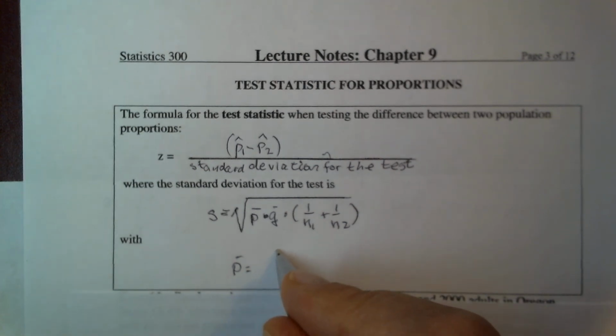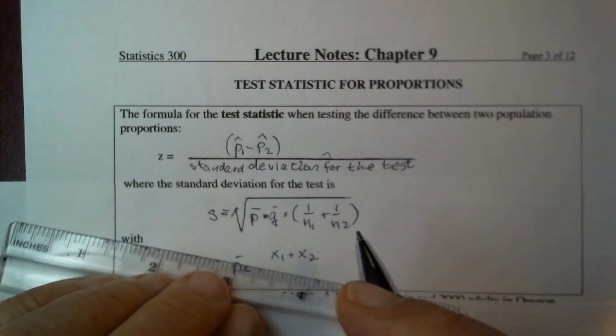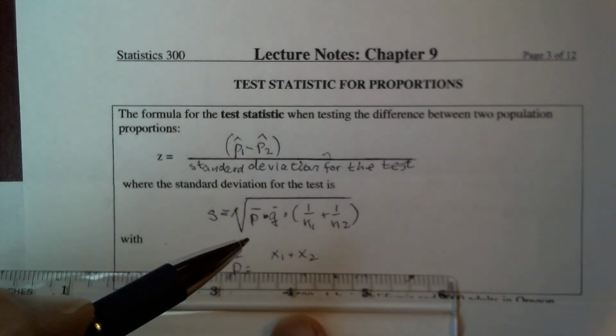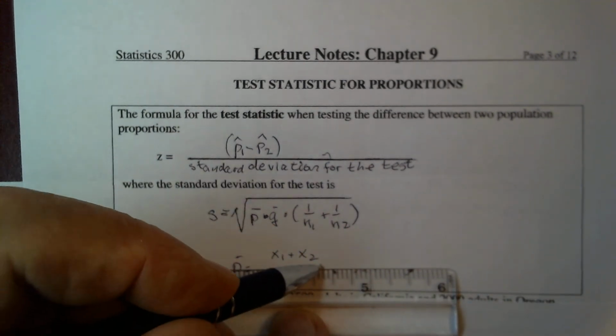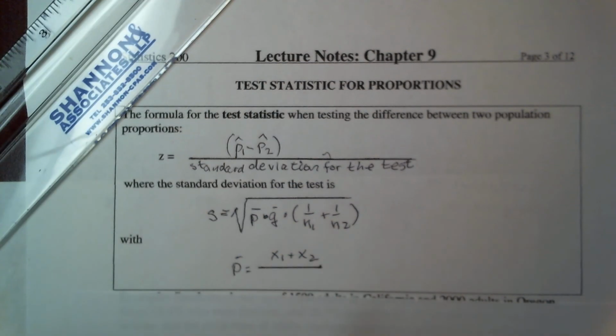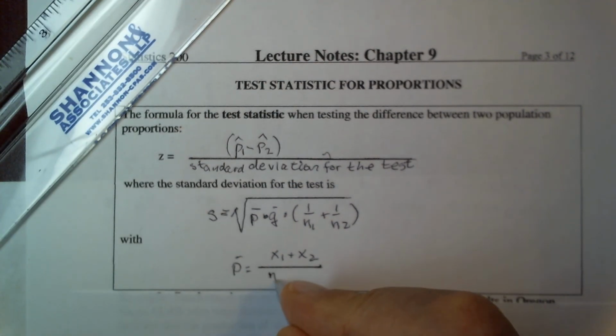So P bar is equal to x1 plus x2 divided by n1 plus n2.